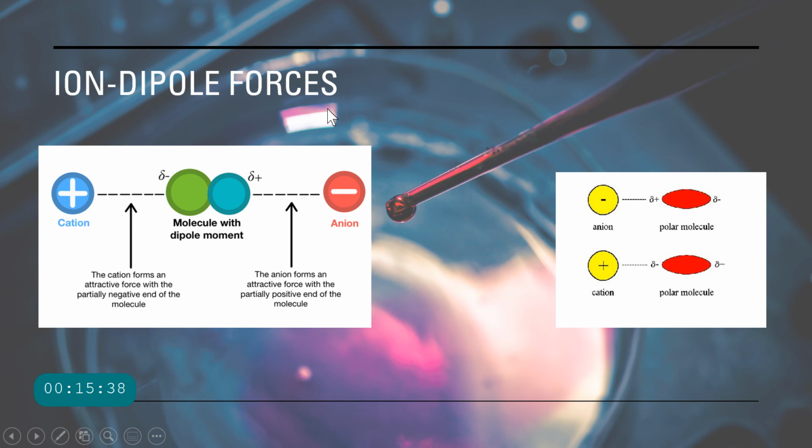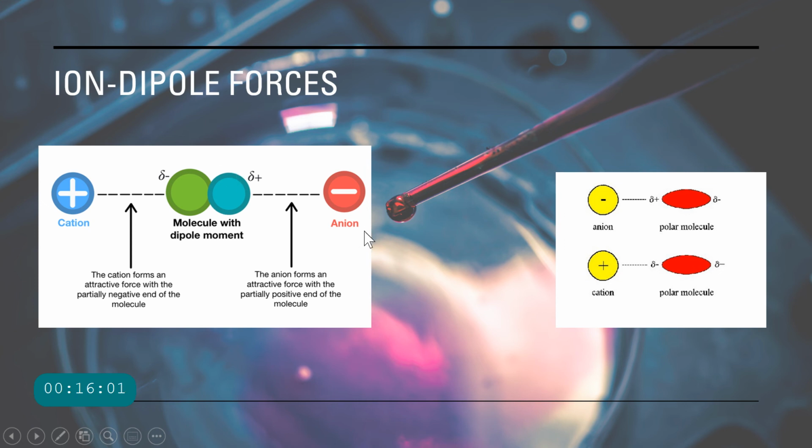So, ion dipole forces. When you have an electronegative and then a positive on this side, you can imagine that if there are other ions floating around, that the charges here could attract other ones. So in this case, with the positive being on this side, it wouldn't attract a positive cation to it, right?